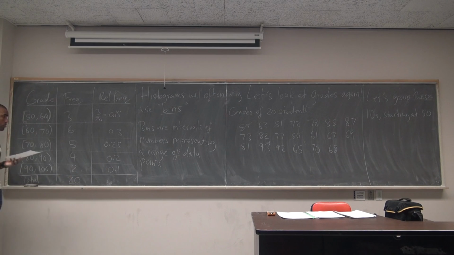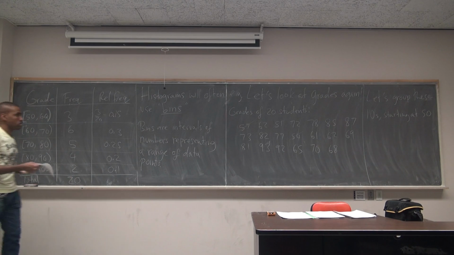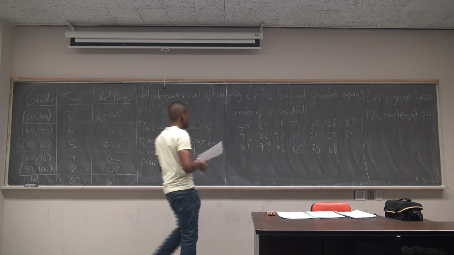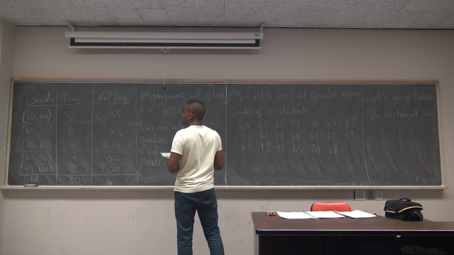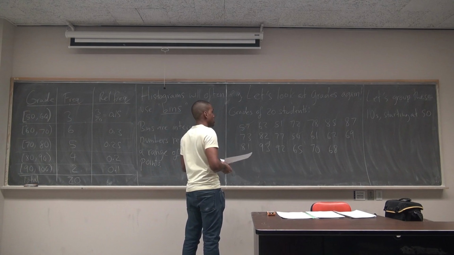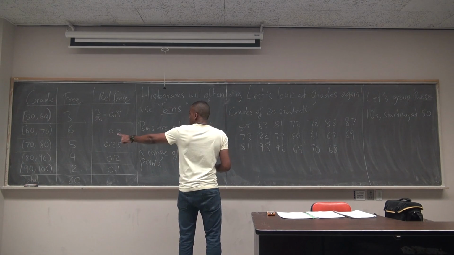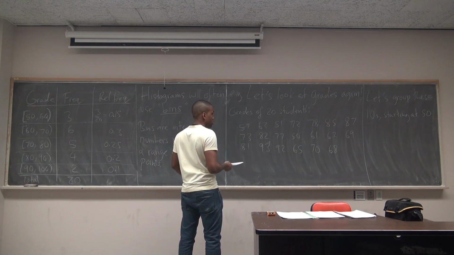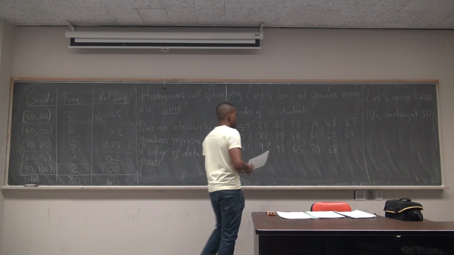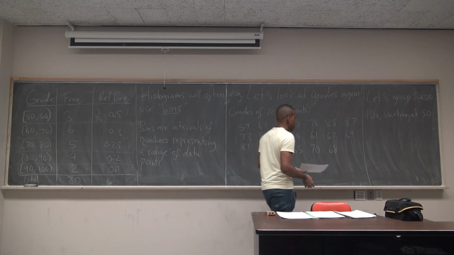Wait, I believe from 60 to 70 there's only 4. No, 6. Remember, I'm including the 70, but not the 80. I did it to the 68 and 69, so I thought there were only 4. Never mind, I am not stupid.